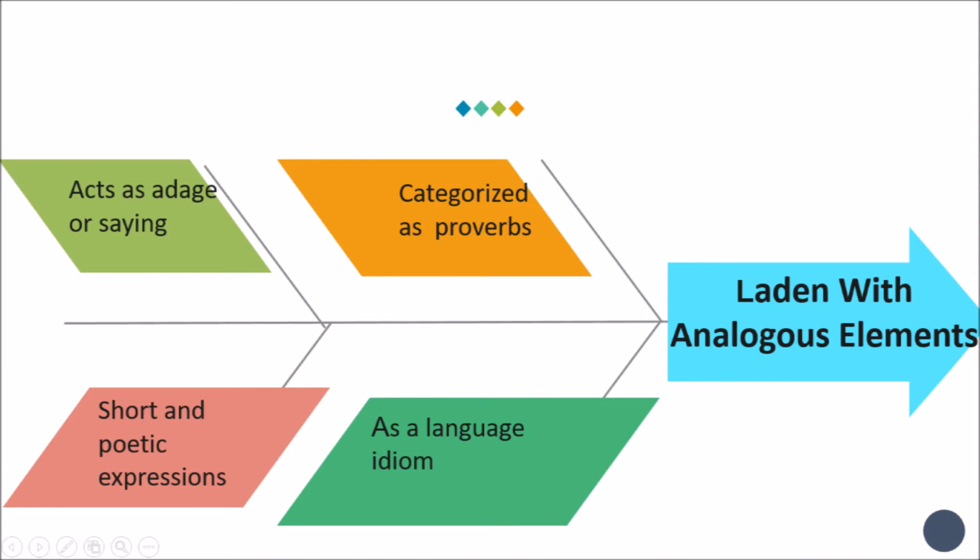We use it to convey implicit instruction or even sarcasm with these figurative words, with this metaphorical expression. So the metaphorical expression contains hidden messages to keep its speaker safe. Now we can say that the metaphorical expression are categorized as proverbs. And so when we say it, it is spoken with messages of advice and warning that we can call an adage or saying.